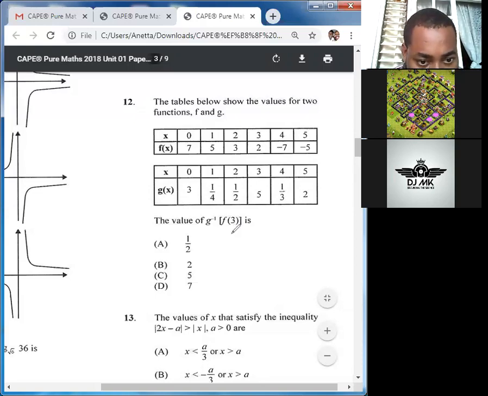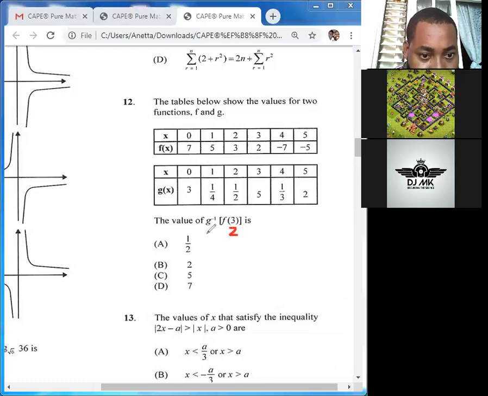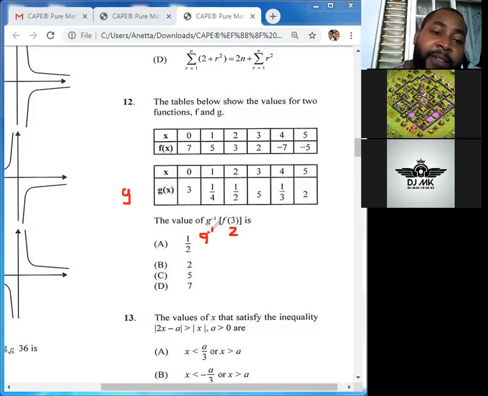So I put the 2 there. Now that goes into the function g inverse. There's no g inverse function on the table per se, but there's a table for g. For g, input gives me these respective outputs. But what the inverse function does is turn that around.